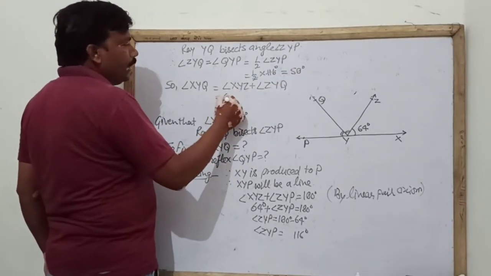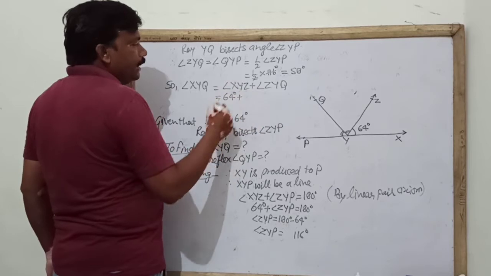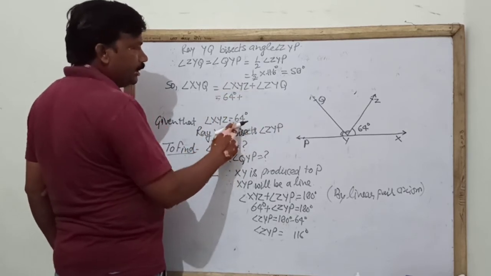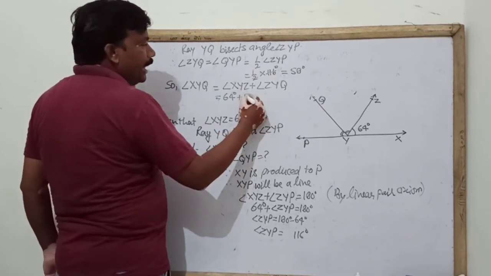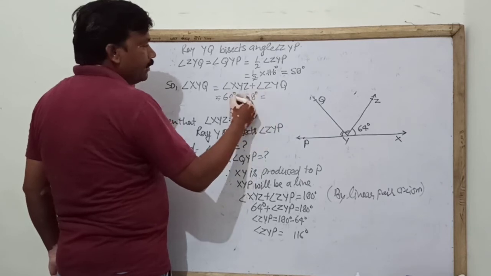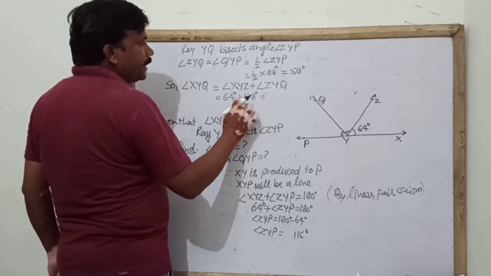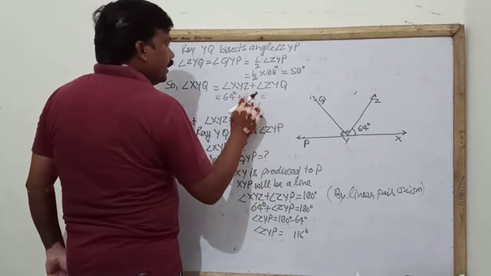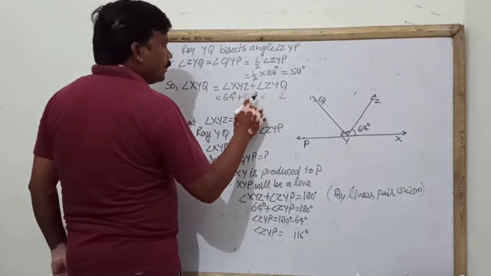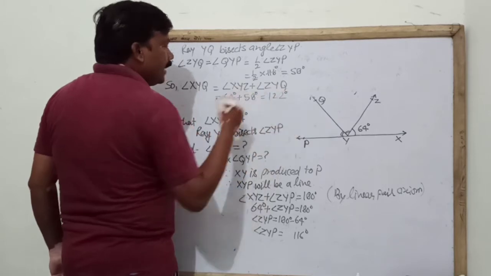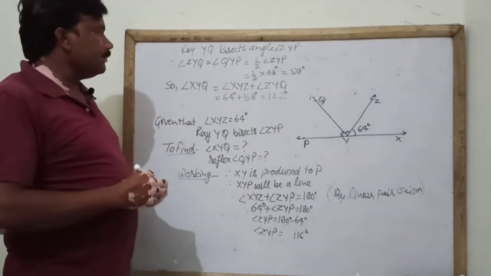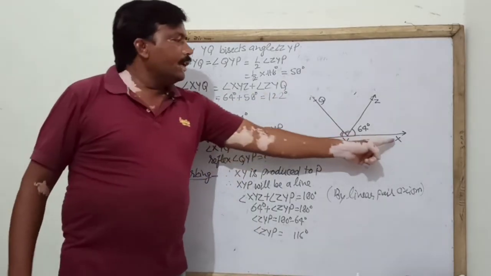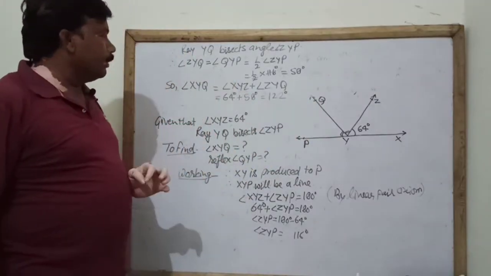Putting these values, angle XYZ equals 64 and this is 58. Adding these, we find 122. Angle XYQ will be 122 degrees.